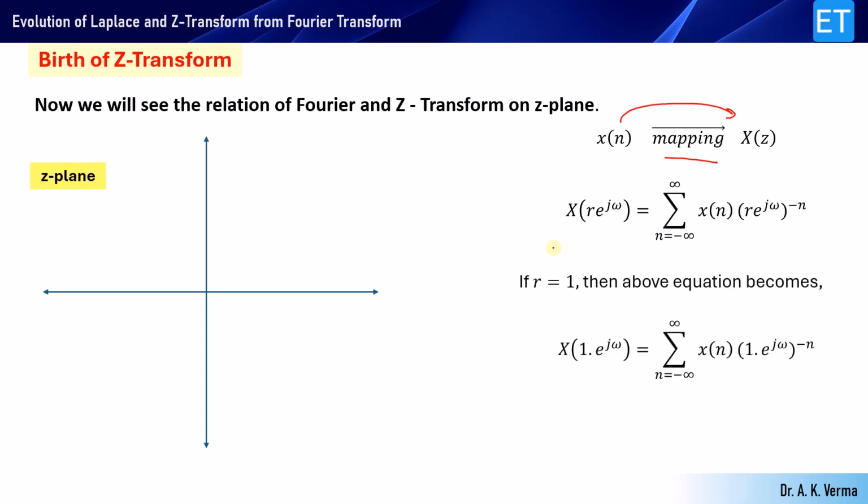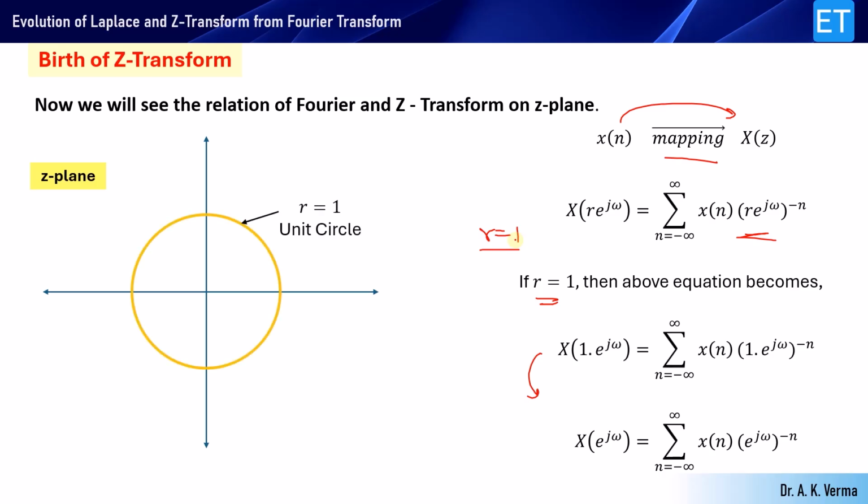If I keep r equal to 1 in the Z transform formula, the Z transform becomes the Fourier transform. So not all the points in the z plane contribute to the Fourier transform, but only those points for which r equal to 1.